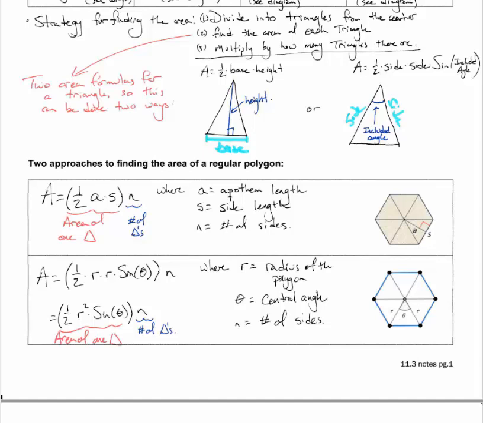But it may be more flexible and maybe more useful for you to think of each of these two things and try to decide when to apply each of them based on what information you're starting with, whether you know an apothem and a side, or whether you know the length of a radius and can calculate the central angle. In this next video, we'll take these two formulas and apply them to solve some problems.